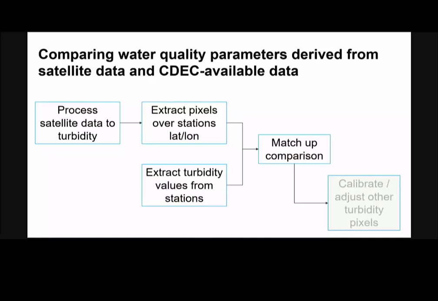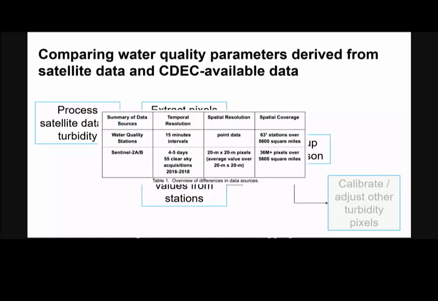We extract those pixels that are over the stations using the station lat longs, and we're getting data from CDEC, so all of the turbidity data that are available through CDEC. Then we aggregate the turbidity data from stations, and we do a direct match comparison, and we have so far been looking at regressions across the delta.